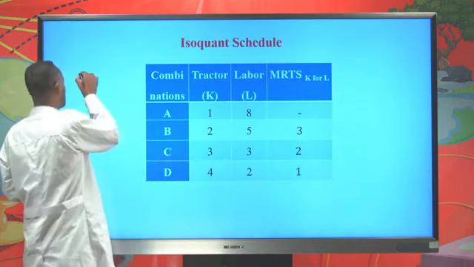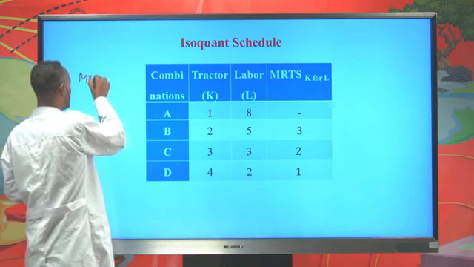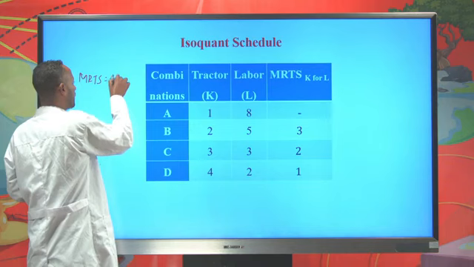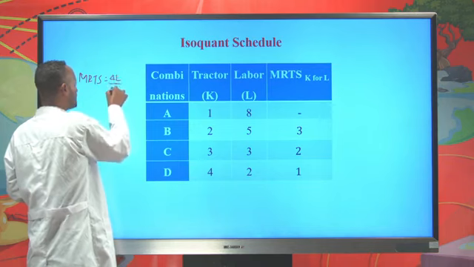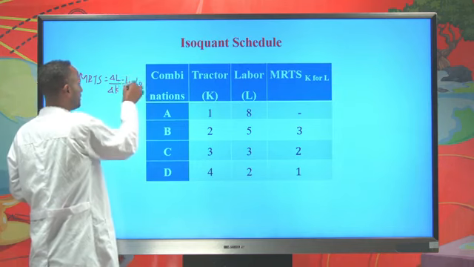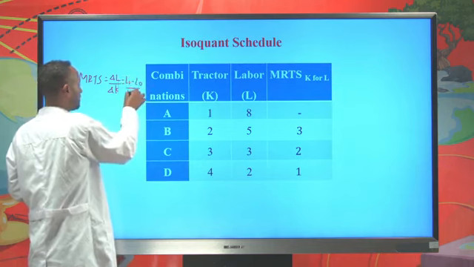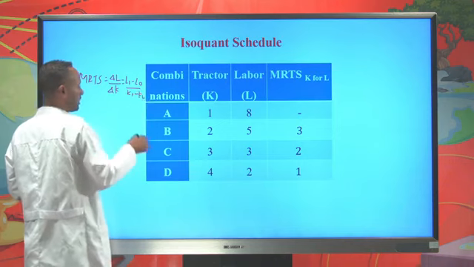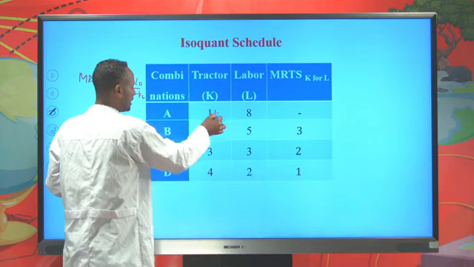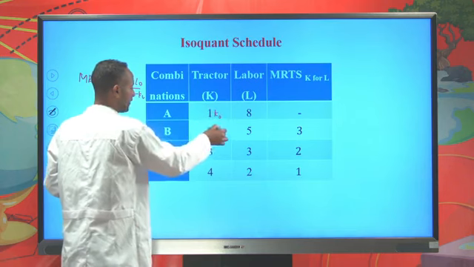The MRTS of capital for labor is calculated by changing the variable input labor for the change in the variable input capital, which is gained, and this is labor final minus labor initial divided by capital final minus capital initial. Now let's take this 1 as capital initial and this 2 as capital final.